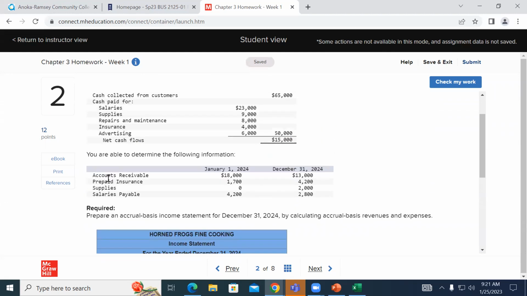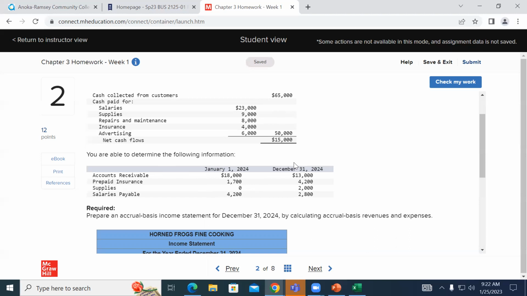But it looks like some of this money that they showed us cash collected from customers was really earned in the previous period. And they received the cash in 2024. The reason I can tell that is since accounts receivable went down 5,000, wouldn't that mean they were due cash and they got it?